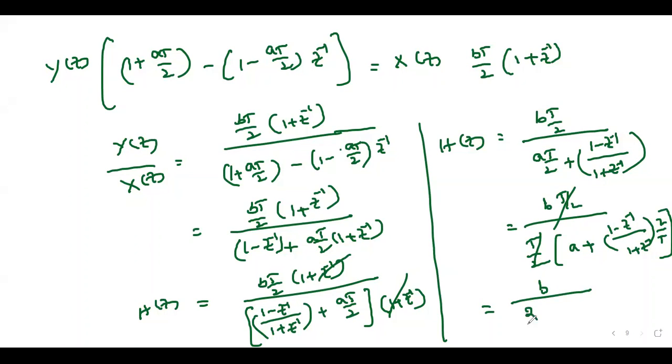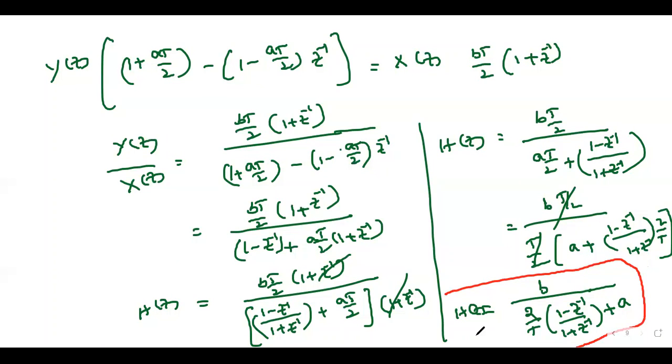Then it's looking like b divided by 2 by T into 1 minus z inverse by 1 plus z inverse plus a. Got it, Sandhya? This is the final transfer function h of z. Any observation here?